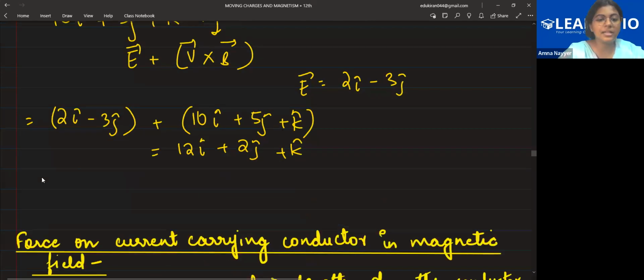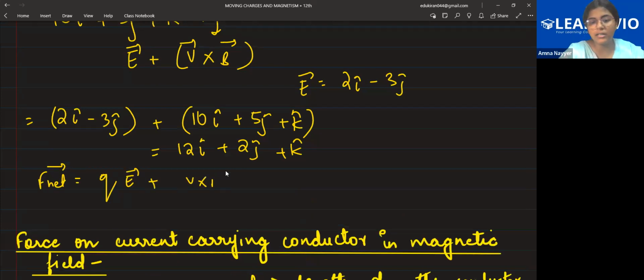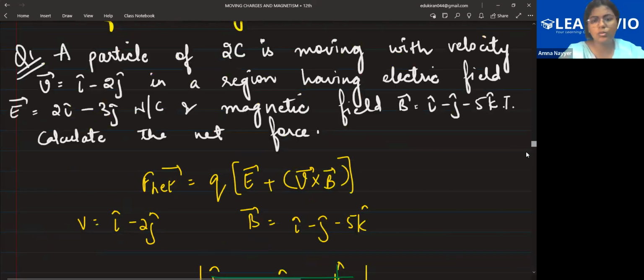Now, final step. F net will be Q multiplied to this entire term which we have got. And the charge, I guess, is 2 coulomb.